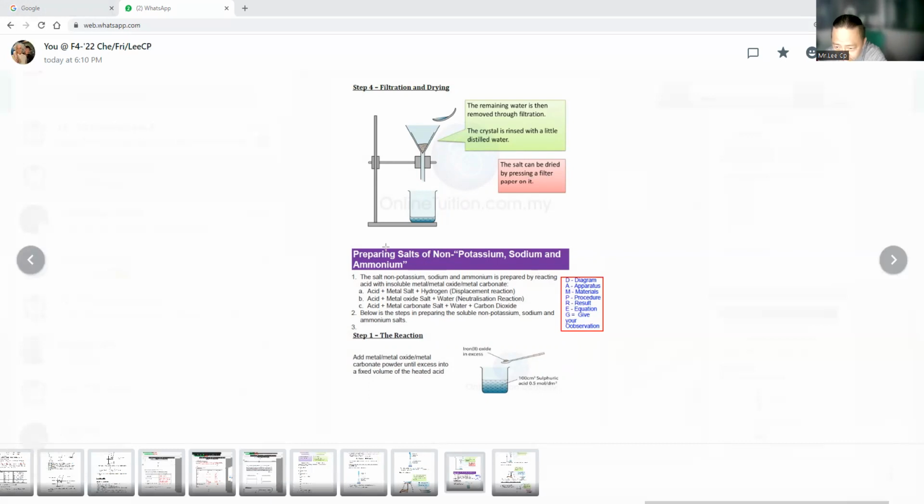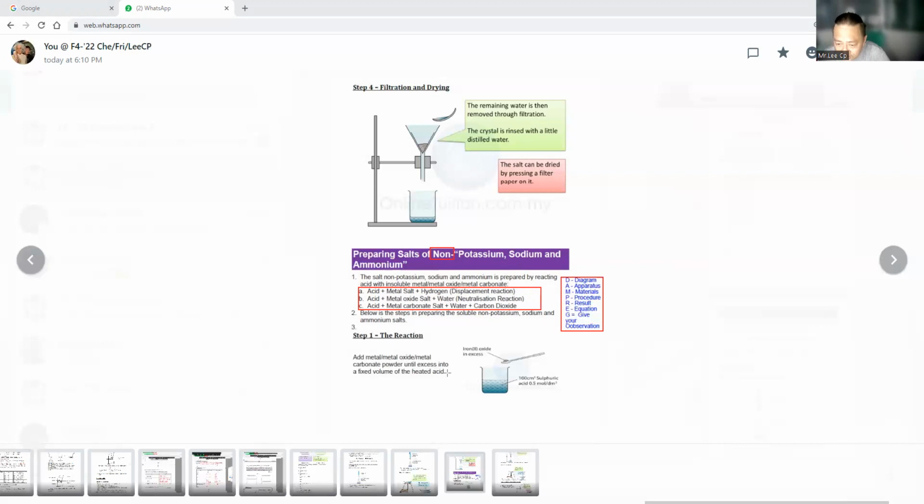All right, so we see the preparation of salts other than sodium, potassium, and ammonium salts, right? The salt can be prepared this way: metal plus acid gives salt plus hydrogen. This is called a displacement reaction.